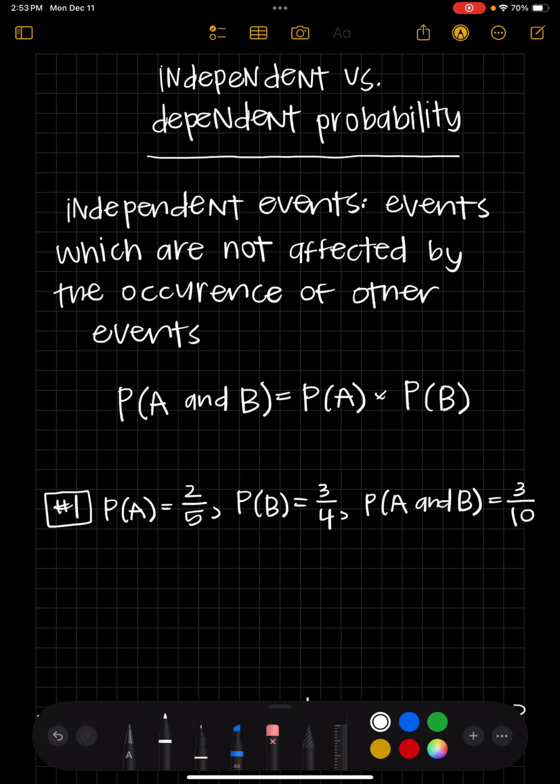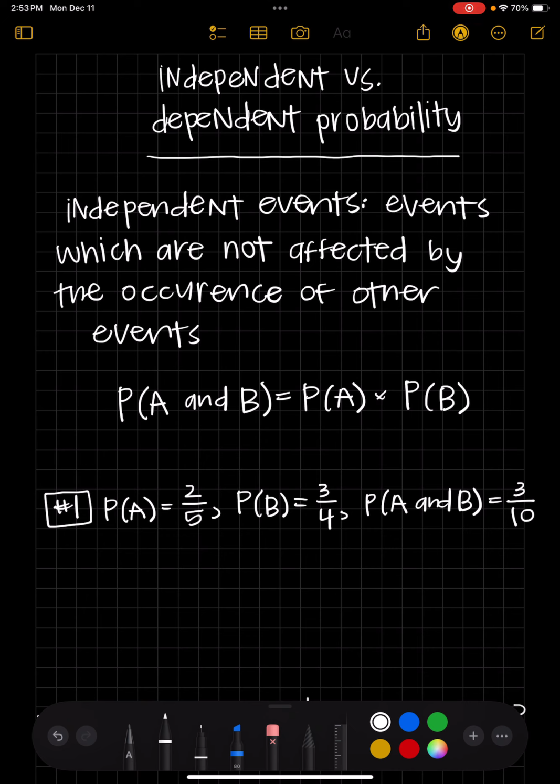So what's the probability that I sleep 8 hours a night, given that I drank a bunch of caffeine at 8 p.m.? Those ones might have an effect, right? If I drink a lot of caffeine at night, then I might not sleep for 8 full hours, whereas me sleeping 8 hours a night and my sister sleeping 8 hours a night don't really affect one another.